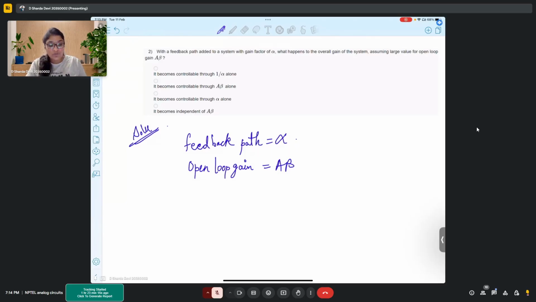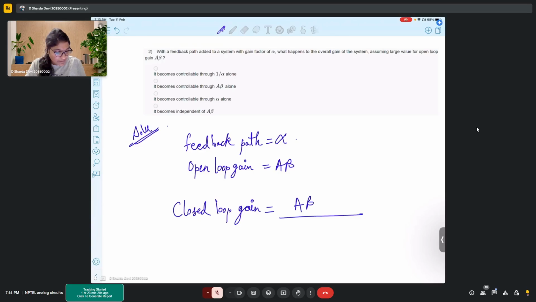If the open loop gain of a system is A into beta, then the closed loop gain of the system will become A beta upon 1 plus alpha into A beta. Correct?